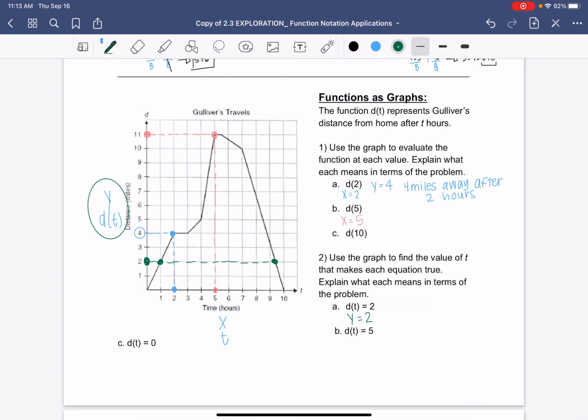So when d of t equals 2, so y equals 2, we have an x at 1 and at about 9. So how we explain this is he is 2 miles away at 1 hour and the 9th hour.